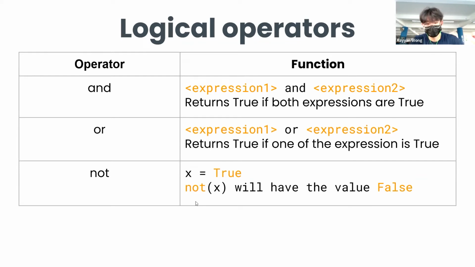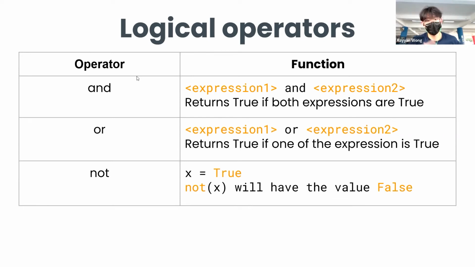When we not x, it will return a false. Let's say you have x equals false. When you not x, you return a true. Very simple. It's just the opposite: if it's true, you change to a false. If it's false, you change to a true. You can try that out in your own IDLE.